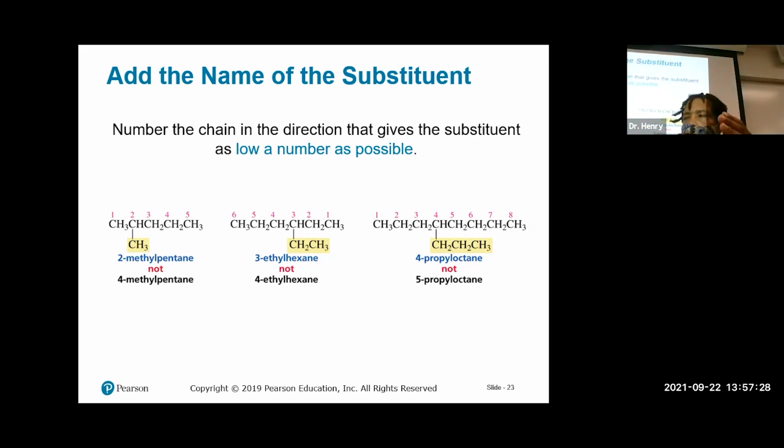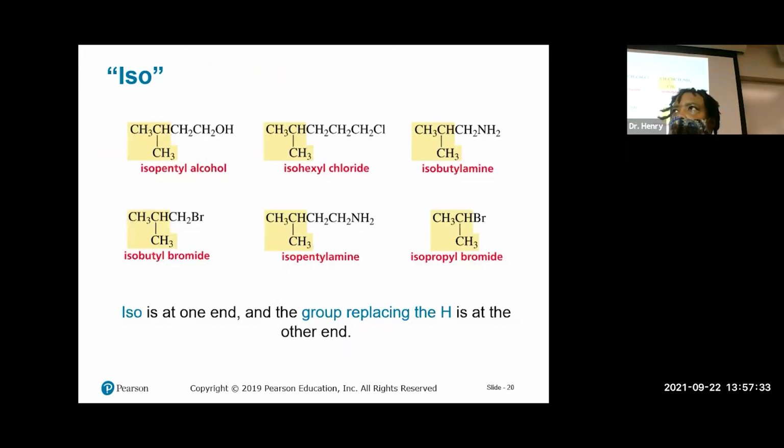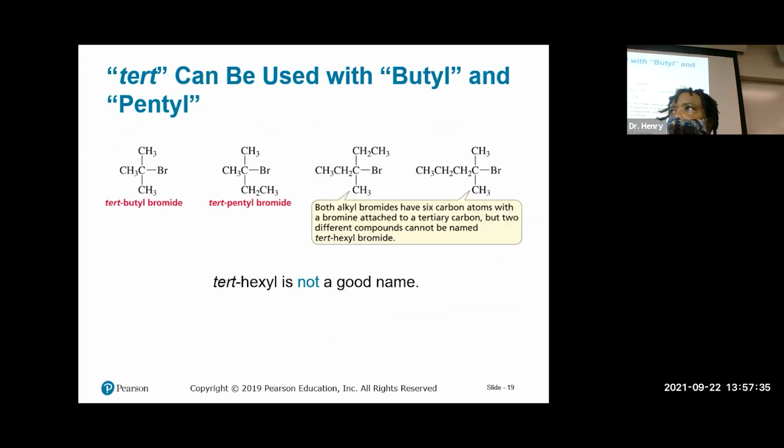So at a certain point, you can no longer, let's go back to that structure. It's easier to see the image right here. After pent, you're always going to end up with the same, 1, 1, and 2. For butyl, you're going to end up with just 1, 1.